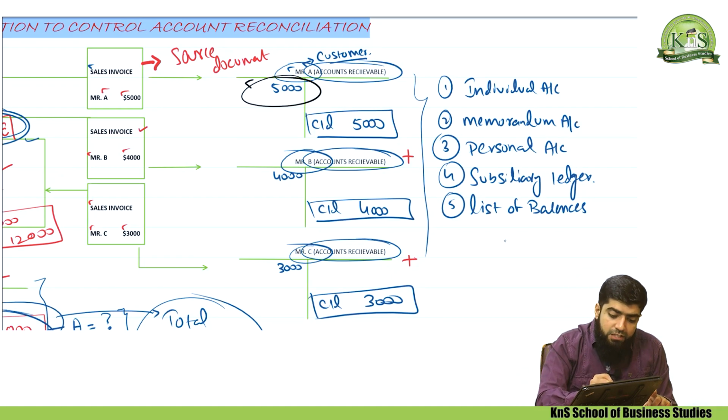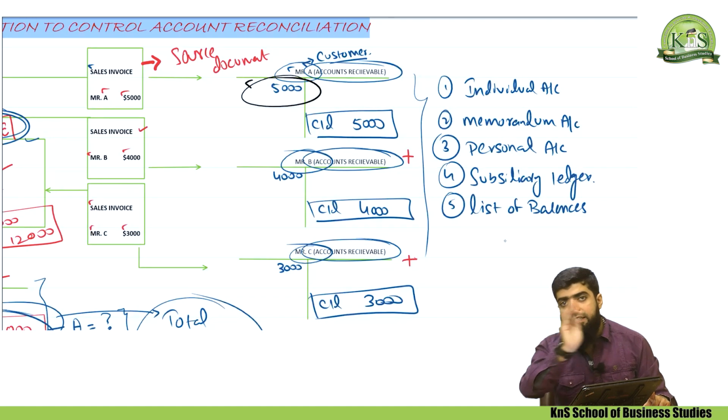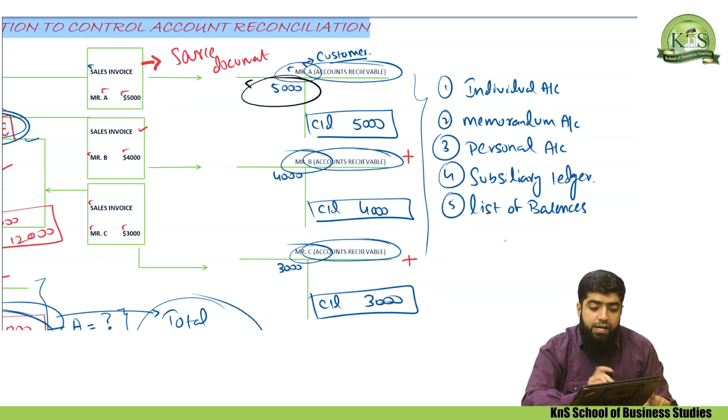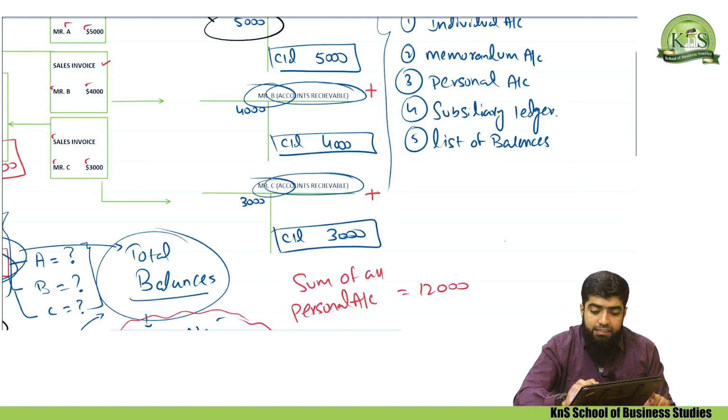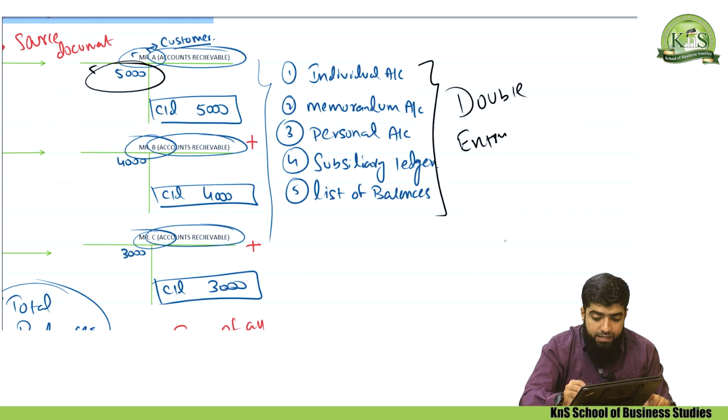So we are just recording the customer account. We are not recording the other side of the entry, which means we are not following the double entry bookkeeping. And if we are not following the double entry bookkeeping, which means in a personal account or the individual account or the memorandum account or the list of balances, we are not following the double entry bookkeeping. So first thing you need to keep in mind for MCQ exams, that double entry bookkeeping is not followed.